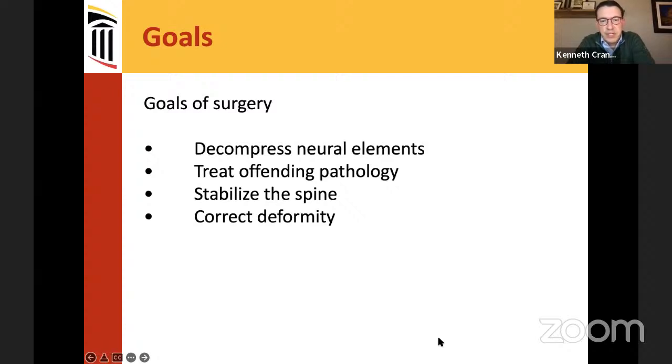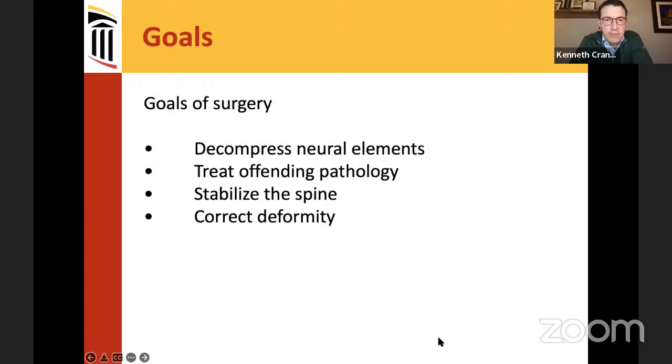The third goal would be to stabilize the spine and prevent it from worsening deformity or progressive deformity. And then the last goal would be to correct the deformity itself. And of course, as we mentioned on the last slide, taking into account age and medical comorbidities, correcting the deformity is probably, while important and can certainly prevent future failure and morbidity due to poor sagittal balance, not as important as some of the other things on this sheet.